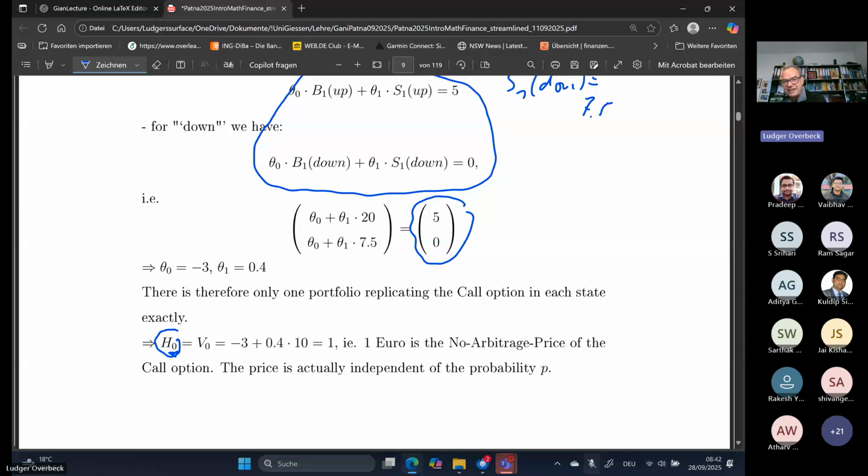The probability of going up, the probability of changing doesn't matter. Because as a banker, independent of whether it's going down or up, in both states my portfolio gives me the same value. That's replication.